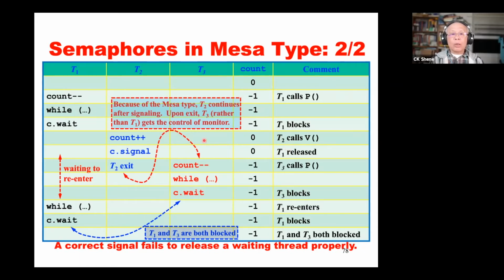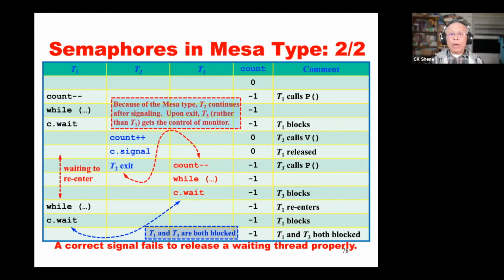So the signaling thread, which is T2, continues, eventually exits. So what if at this moment, T3 calls P? So at this moment, we have one entry thread, which is T3, and one inactive or re-entry thread, T1.